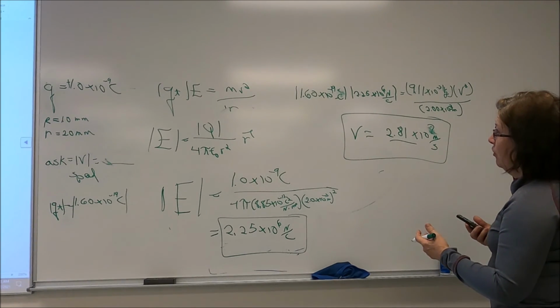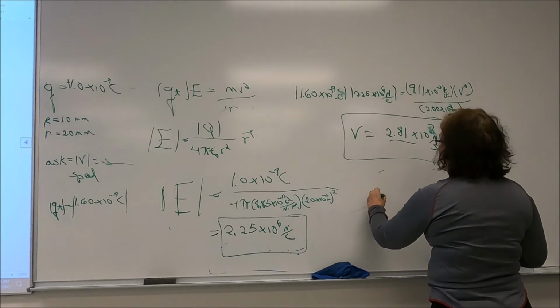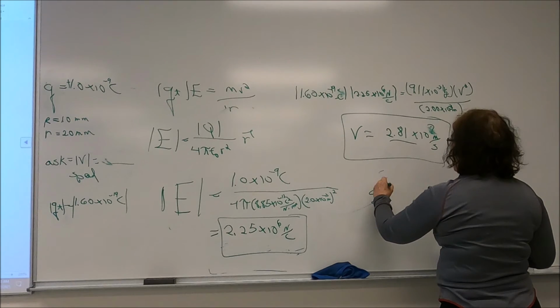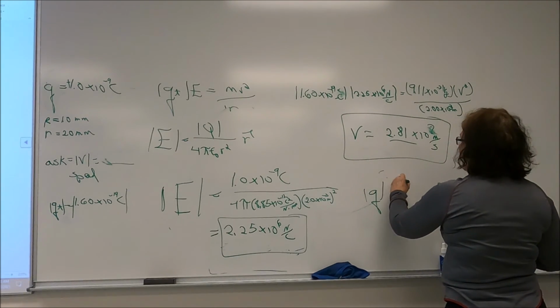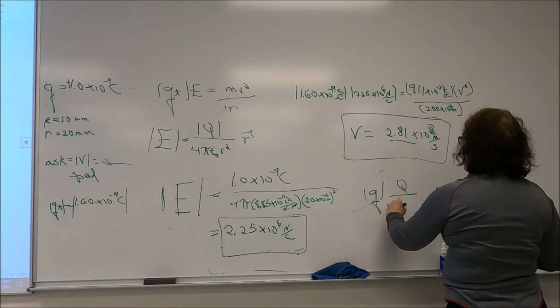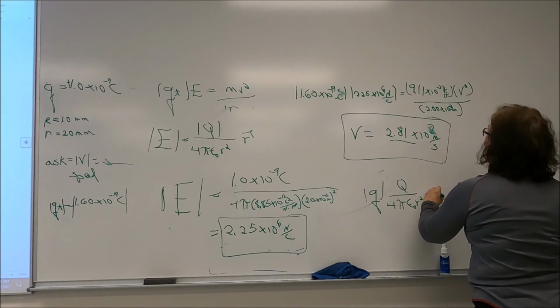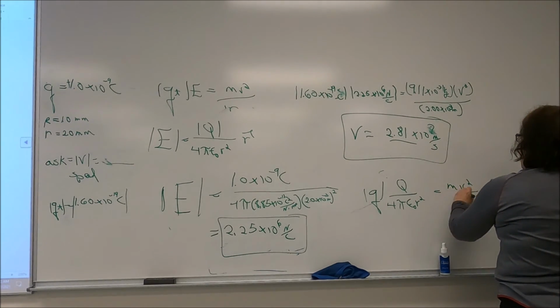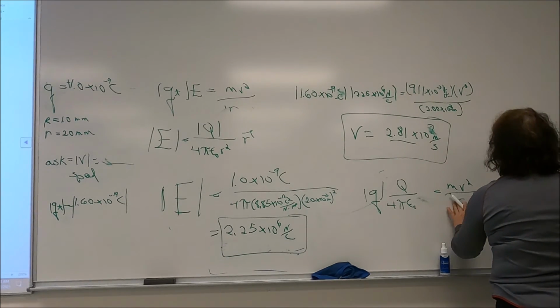Now, you could have also combined equations. If you combine equations, you would have had the magnitude of q times the magnitude of big Q over 4 pi epsilon 0 r squared is equal to mv squared over r, and notice that that would have divided out.